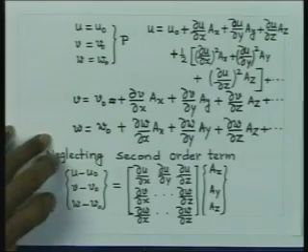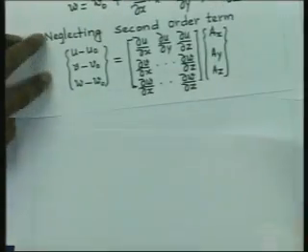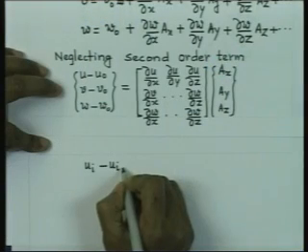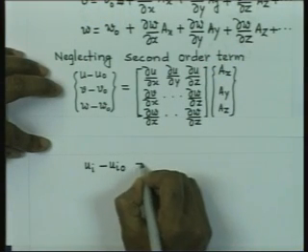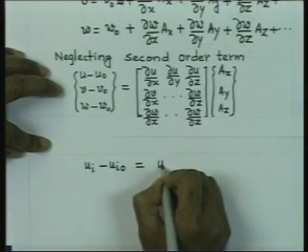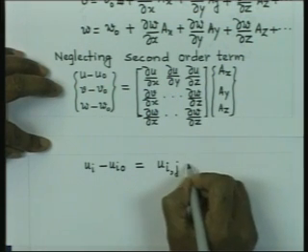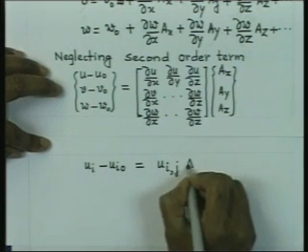This can be written in a compact form using tensor notation. We can make use of that: ui minus ui 0 is equal to ui comma j multiplied by aj.